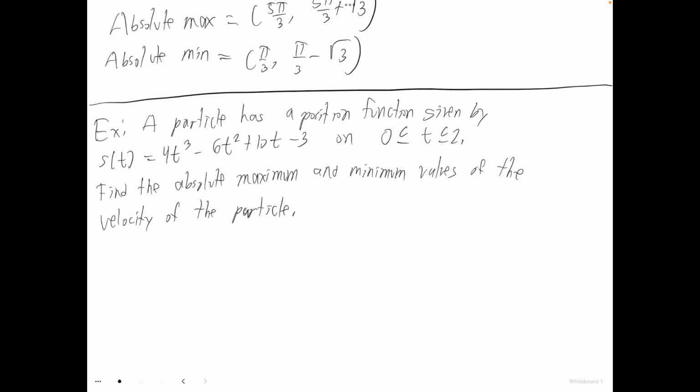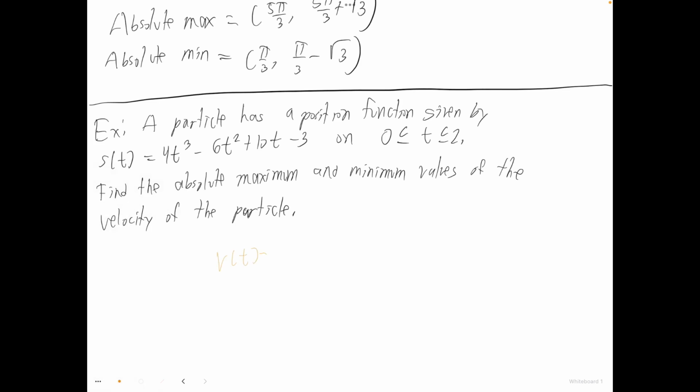So we want to figure out the place where it's moving the fastest in the positive direction and moving the slowest in the negative direction, or the absolute maximum and minimum. Now we want this for the velocity, meaning that the velocity function is the thing we want the max and min of, not the position function. So we need to find the velocity function to start with.